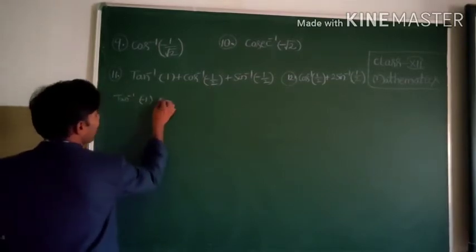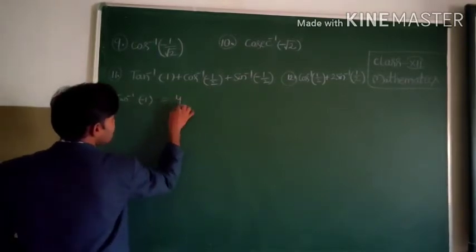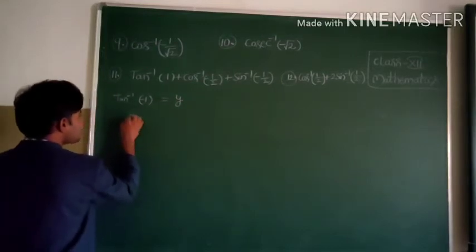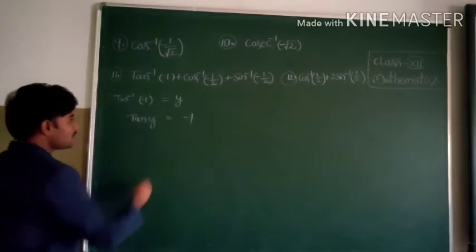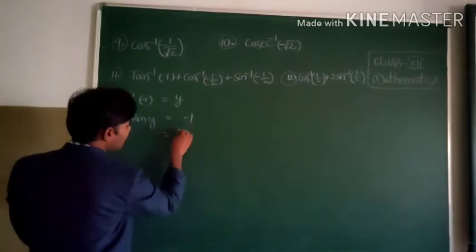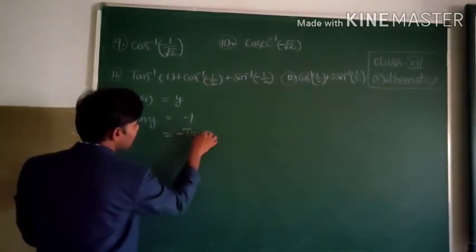Tan inverse of minus 1, I assume this as y. So tan y is equal to how much? Minus 1. In terms of tan we can write minus tan of 45 degrees, right?